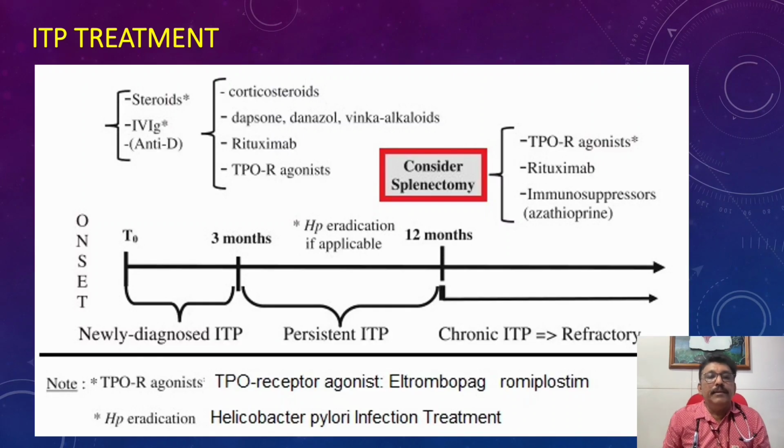This is the treatment plan for ITP: steroid, IVIG, then steroid should be continued, then rituximab also can be given, TPO agonists like eltrombopag can be given, then splenectomy can be considered in patients who are not responding to routine treatment, and many patients who have chronic ITP should be continued on an immunosuppressant like azathioprine. So this is the treatment plan for ITP when it becomes chronic.